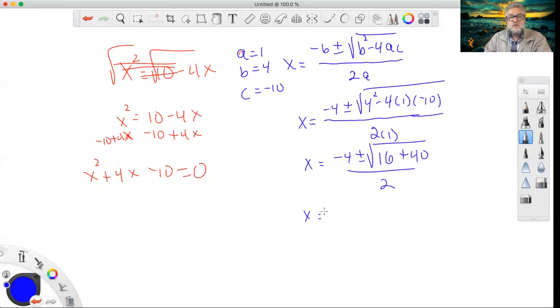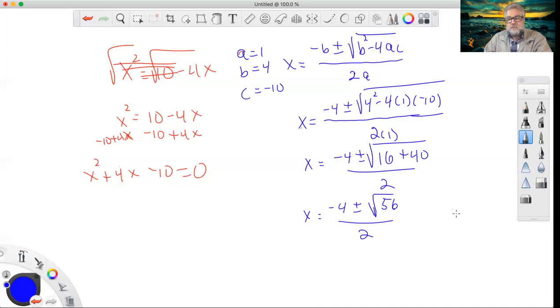So this is minus 4 plus or minus the square root of 56 over 2. So we'd think, well, maybe we can't do anything with that. Probably can't, but we got to think about 56, and are there ways to simplify this?